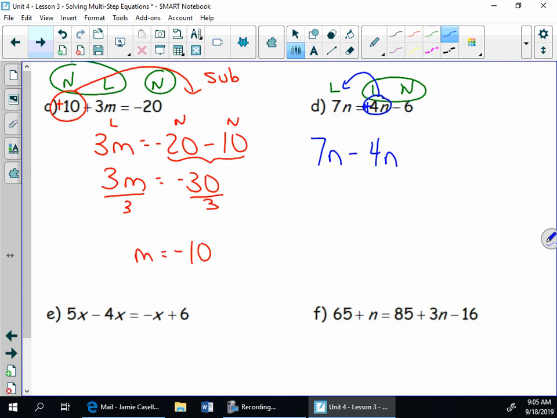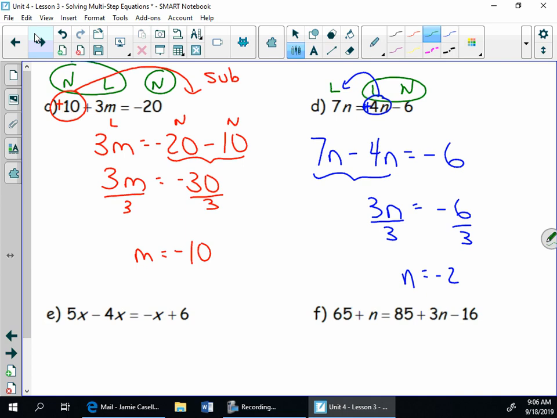It becomes a minus sign. Equals. What's left on the other side? Negative 6. Okay, so before I was moving numbers, this time I moved a letter, but it's the exact same procedure. I can collect 7n minus 4n. That makes 3n's. Equals negative 6. I don't want to know 3n, I want to know n, so I divide by 3, and n comes out to negative 2.